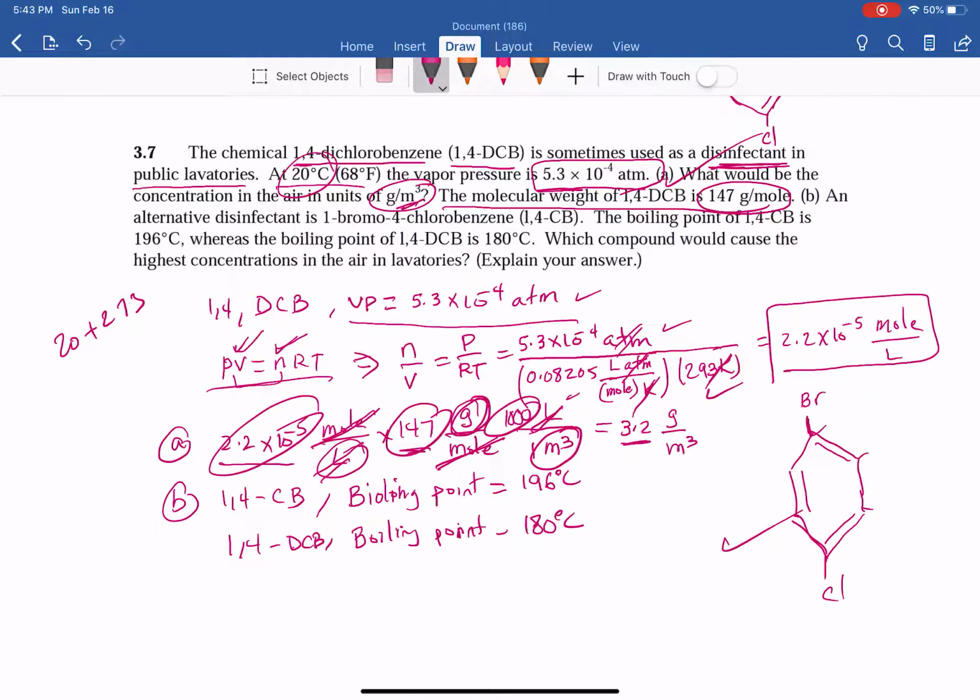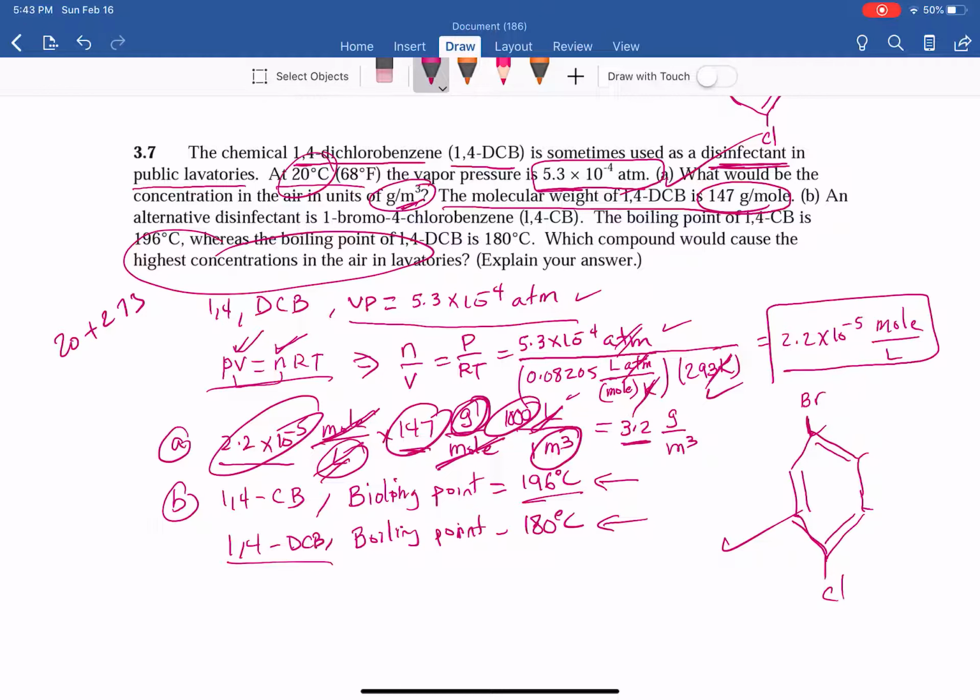That is the 1,4-CP. Now, here he gives you that the boiling point of 1,4-CP is 196, while the boiling point of 1,4-DCB is 180. Now the question is the following. Which compound would cause the highest concentration in the air in laboratories? Which one of these two compounds will have the highest concentration?